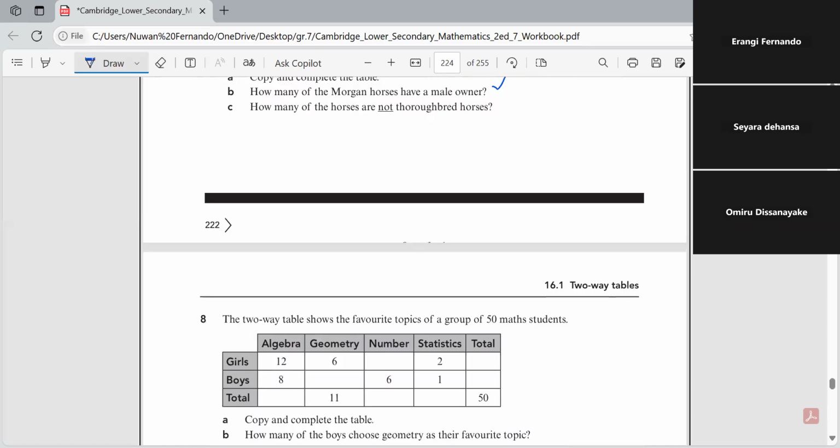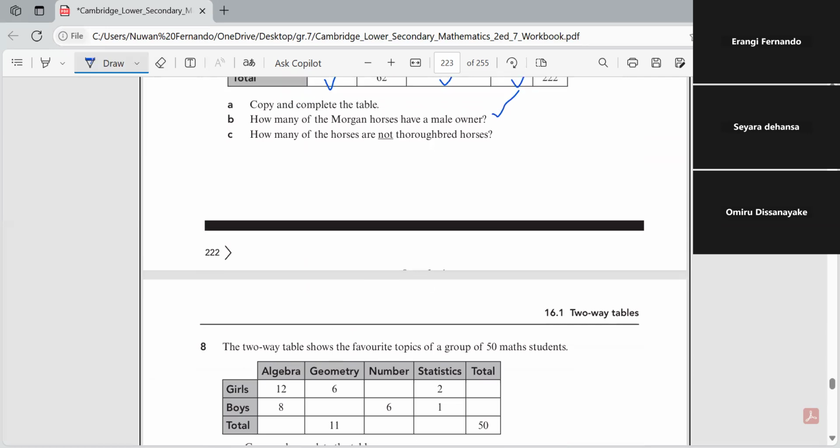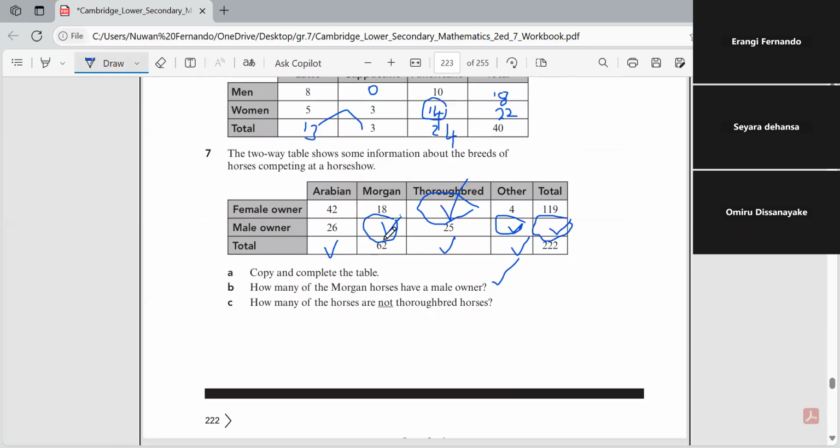That's the question. You need to add these two. Yeah, give the answer for that. How many of the horses are not thoroughbred horses? Your chance. Anyone? I need the answer.